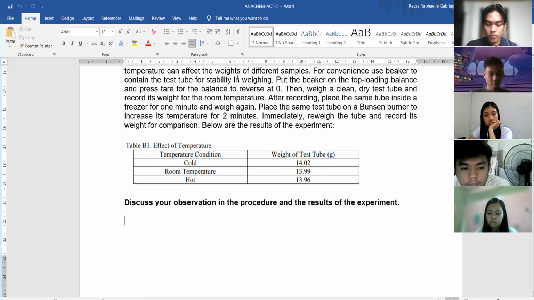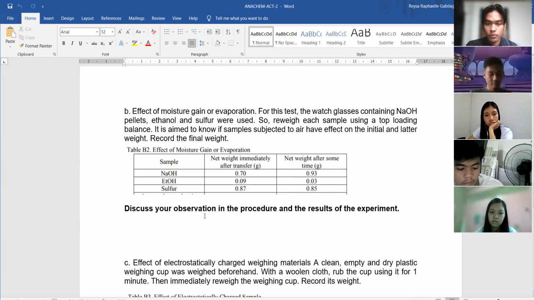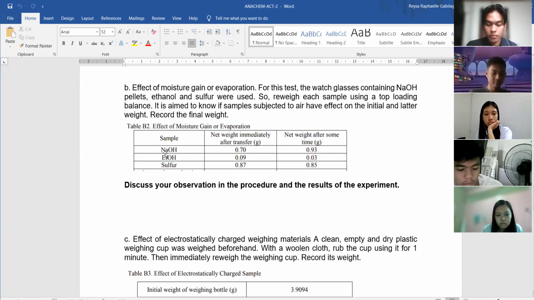So based on the procedure, ano ba yung napansin nyo sa nakuhang result dyan? I-explain nyo siya here. Okay, again, discuss your observation here. So that is also true for letter B and letter C. You have to read the procedure and you have to discuss your observation, what happened doon sa nakuha na results.